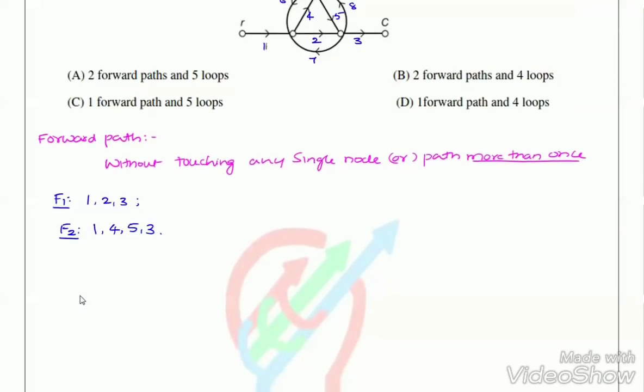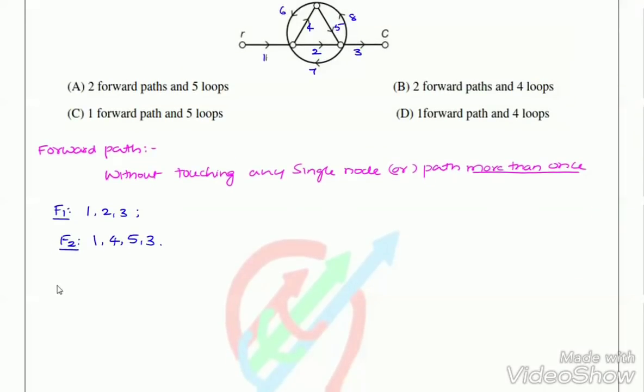Next, we need to find how many loops there are. The basic definition of a loop is a structure in a signal flow graph that leads back to itself.